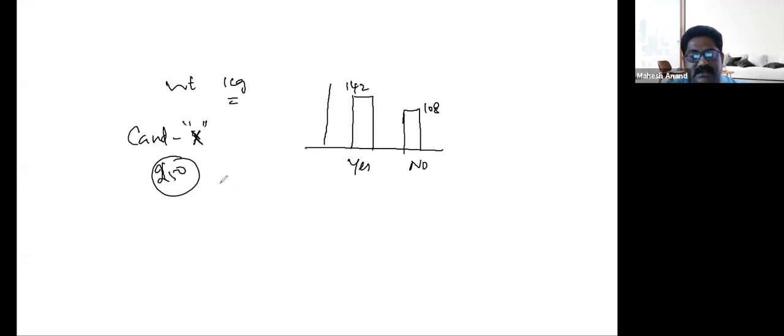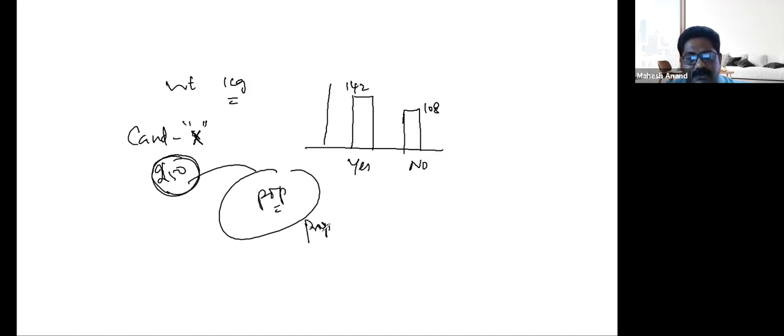Now I wanted to see whether it is possible to infer the characteristic of the entire population. What percentage of the people has cast their vote for this candidate? Is it possible to infer the population parameter? Here this is a proportion: what proportion of the population has voted for this candidate? In the sample, out of 250, 142 people have cast their vote for this candidate.